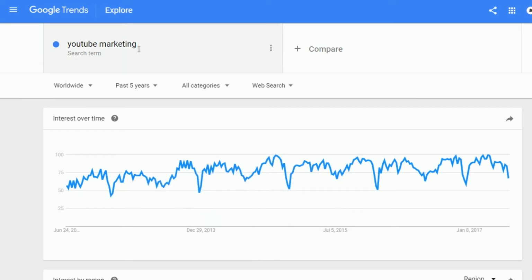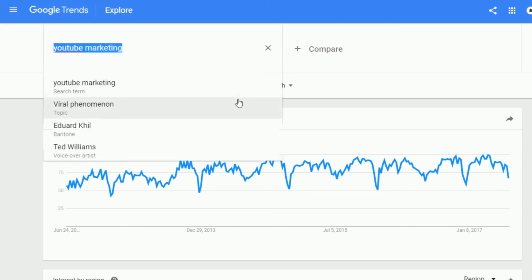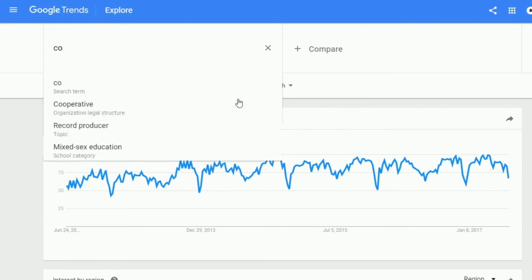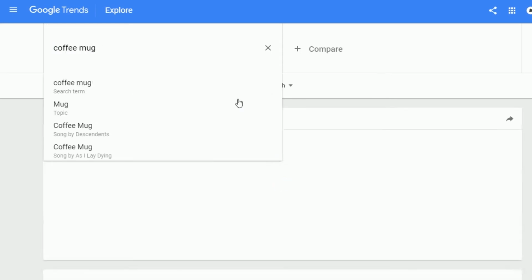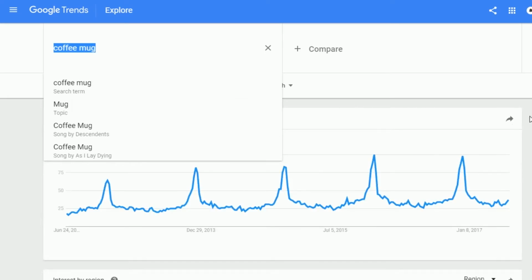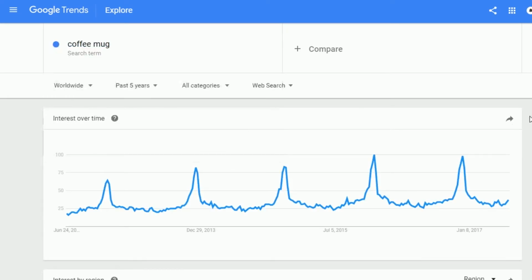Okay, how about an item? What about coffee mugs? Wow, look at that. Really cool. Nobody ever buys coffee mugs in the summer.